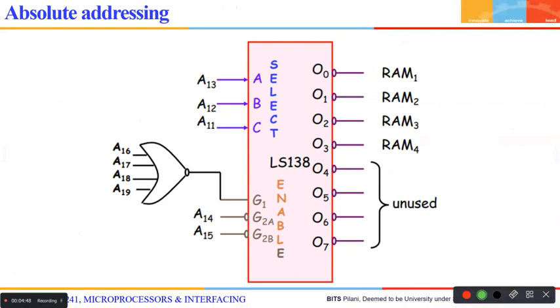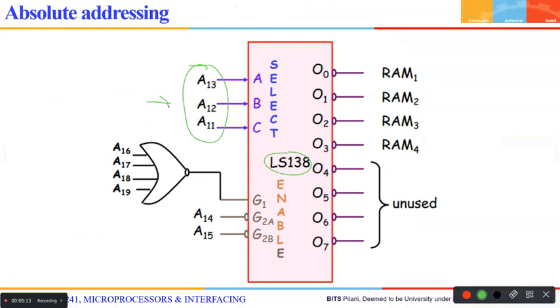I told you, A11, A12, A13 can be used as the select input to the decoder logic. You're going to use the 74LS138 decoder logic to decode the address. Try to understand this. So the 3 lines A11, A12, A13 will go to the select lines.